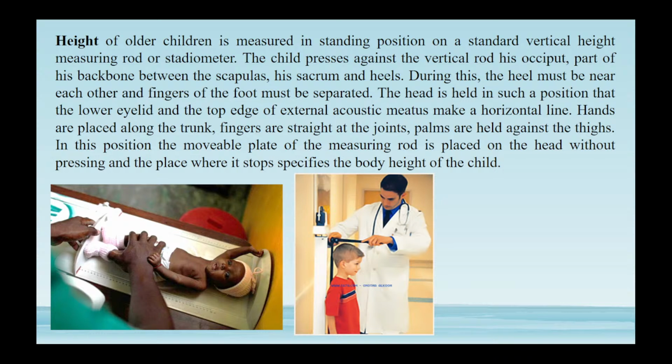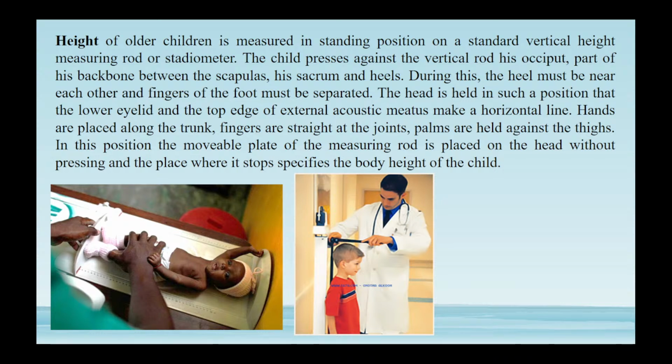Hands are placed along the trunk, fingers are straight at the joints, palms are held against the thighs. In this position, the movable plate of the measuring rod is placed on the head without pressing, and the place where it stops specifies the body height of the child.